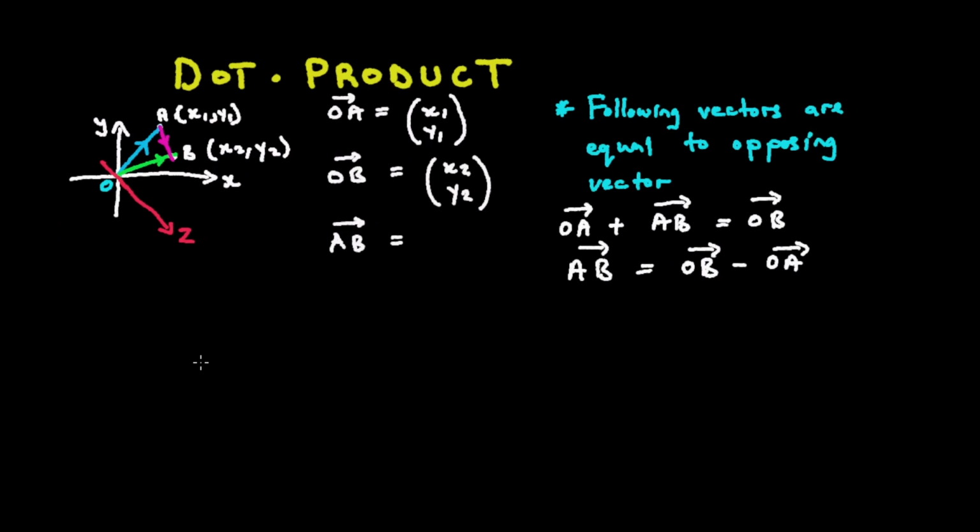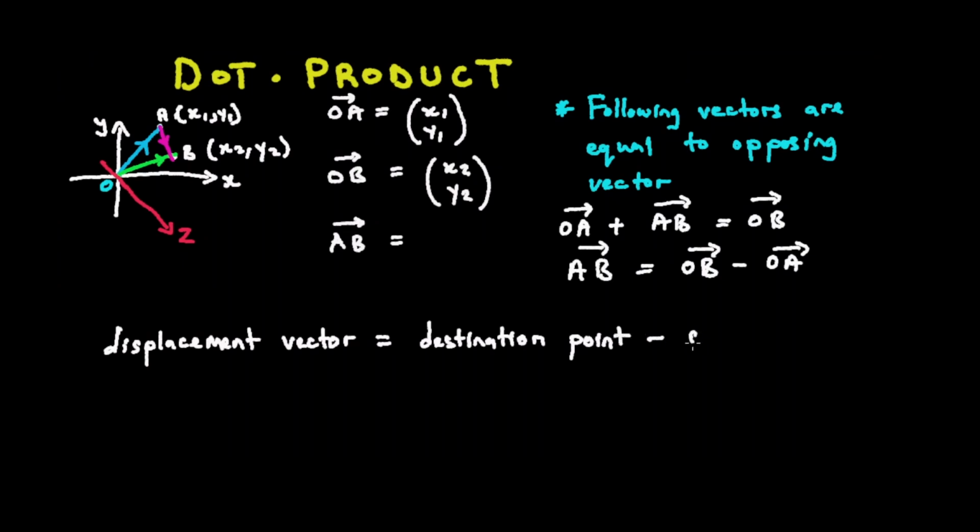So we have to learn another way of finding a displacement vector, and this other way is written simply as: a displacement vector is equal to the destination point, or rather the destination position vector, subtracting the source point.